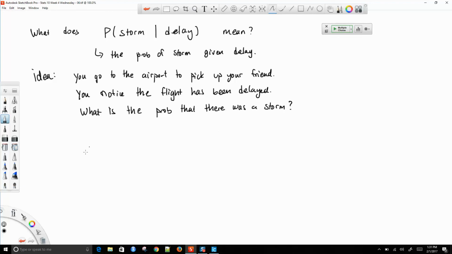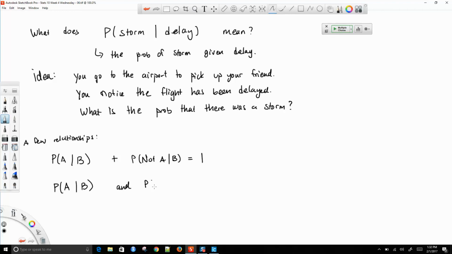Okay, we should note, probability of A given B, so here are a few relationships. The probability of A plus the probability of not A given B, these two would add up to 1, okay? And then the probability of A given B and the probability of A given not B, there's no direct relationship.